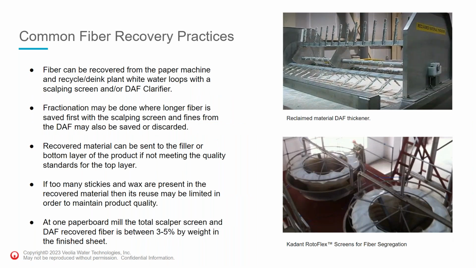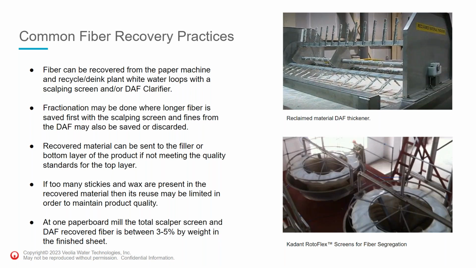So some of the common fiber recovery practices: we can recover some of the fiber from the paper machine. If it is of good quality, it can be reused, certainly in the recycle and deinking plant. Quite often we'll see a scalping screen followed by a DAF clarifier. The scalping screen will save predominantly the longer fiber fraction, which can be of good quality for the product.